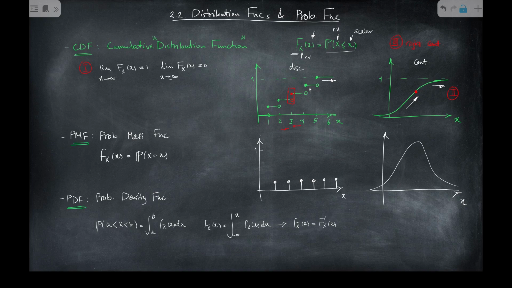Okay, moving on to probability functions. First we have the probability mass function. This is for discrete random variables. For probability functions, we separate discrete random variables and continuous random variables. For discrete random variables, we have PMFs.